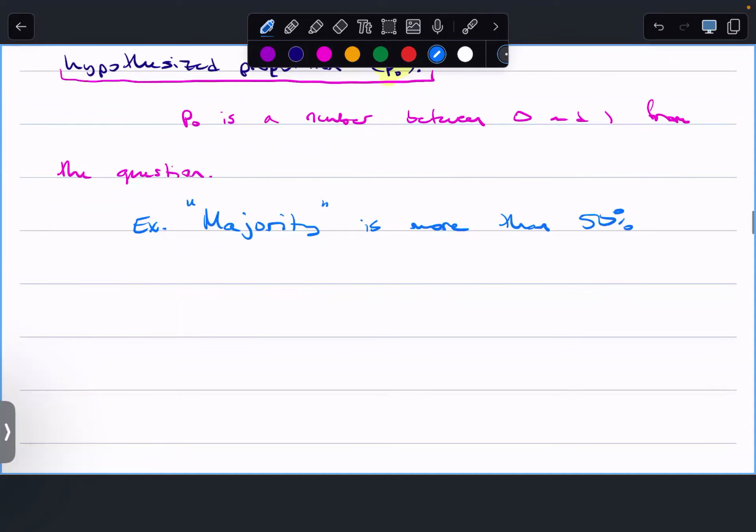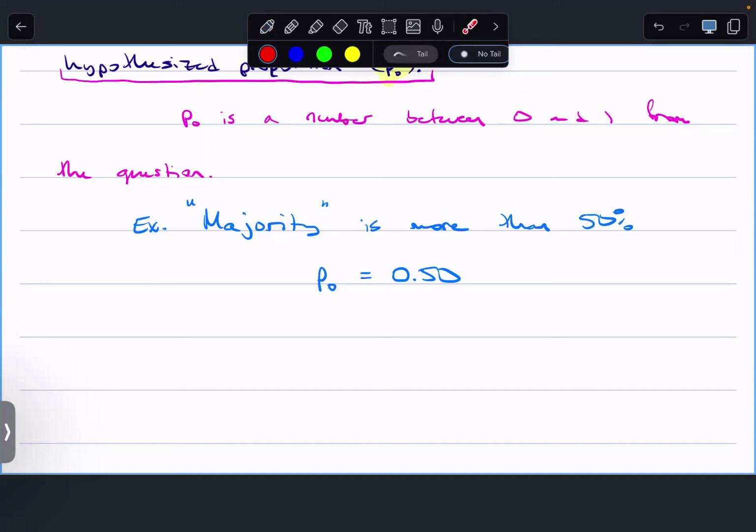But so then P naught must be 0.5, right? And I am saying P naught, but it's really P subscript 0. I'm telling you why in just a little moment longer.